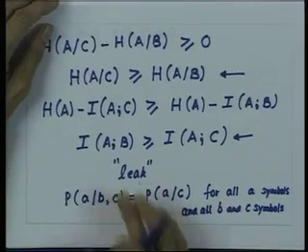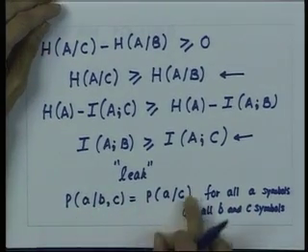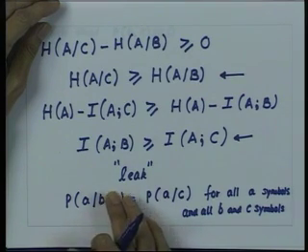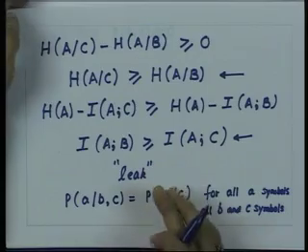But other than a noiseless channel, it is also possible that this equality is satisfied, in which case H of A given C would be equal to H of A given B, which in turn would imply that mutual information I of A B will be equal to mutual information I A C. So, let us look at one example which illustrates this point.